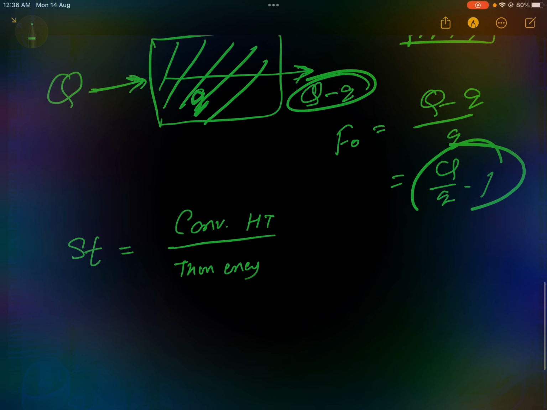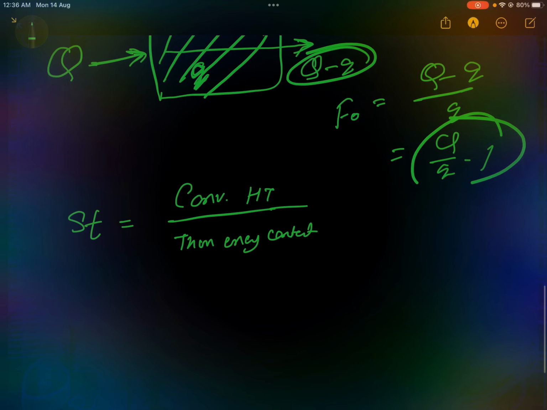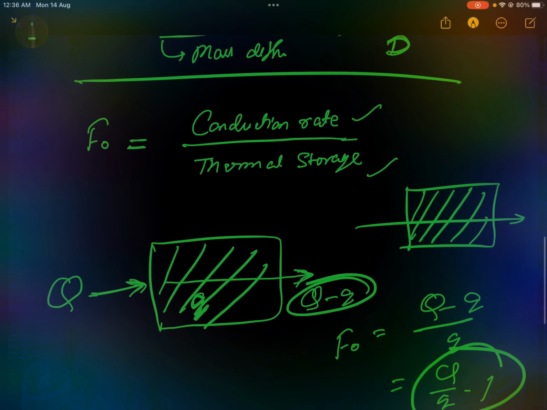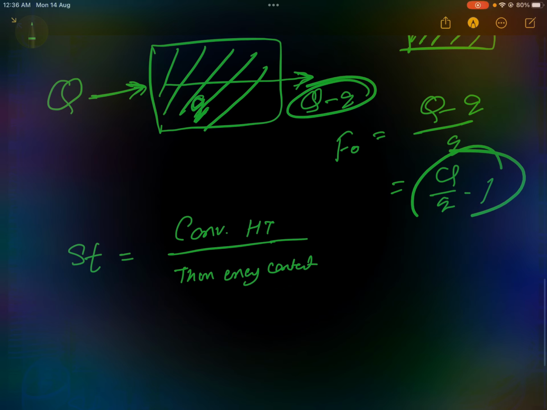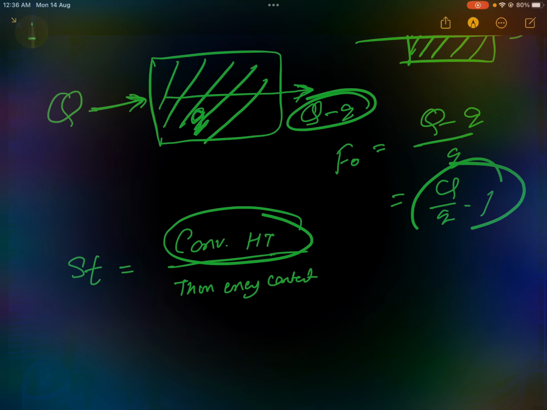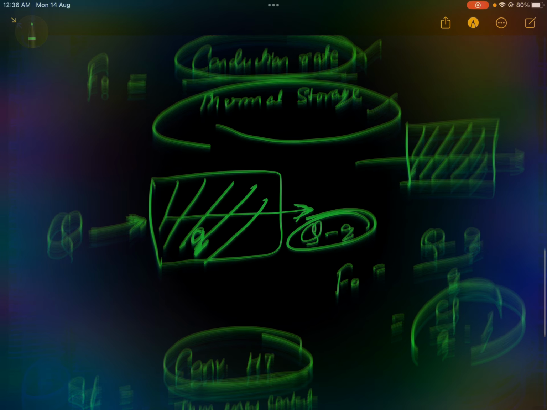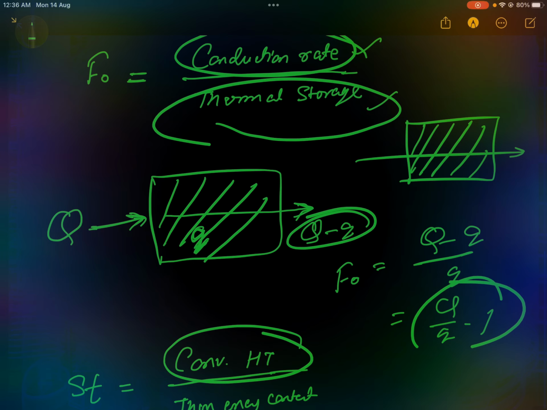Thermal energy content is also a type of energy storage. The basic difference is the conduction rate versus the convection rate as compared to the thermal storage.